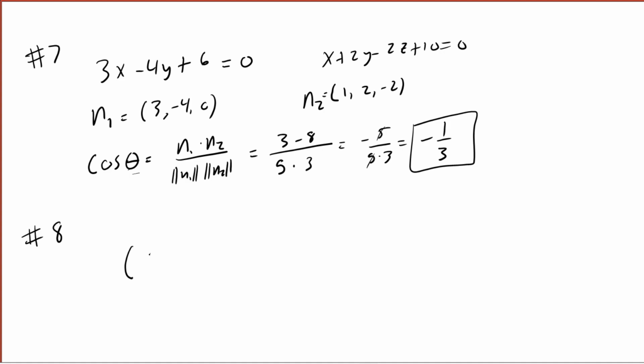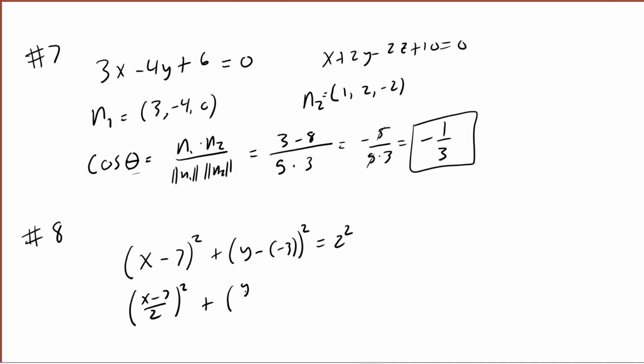So the equation is x minus 7 squared, plus y minus minus 3 squared equals 2 squared, and the radius is 2. Okay, so if I divide everything by 2 squared, what I end up with is x minus 7 over 2 all squared plus y plus 3 over 2 all squared equals 1.